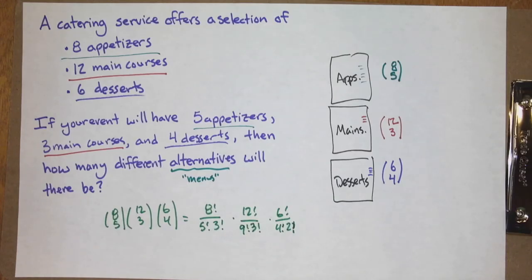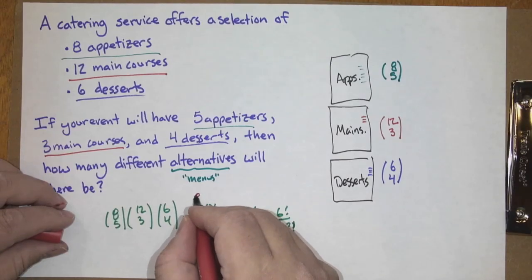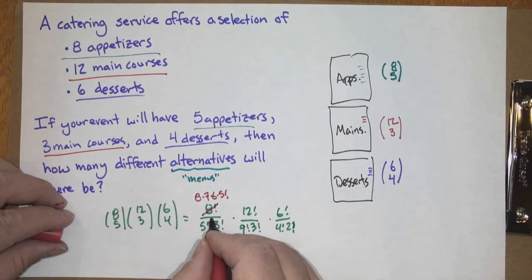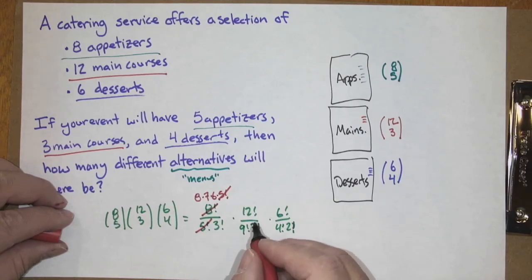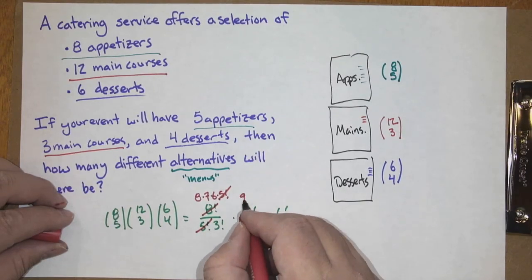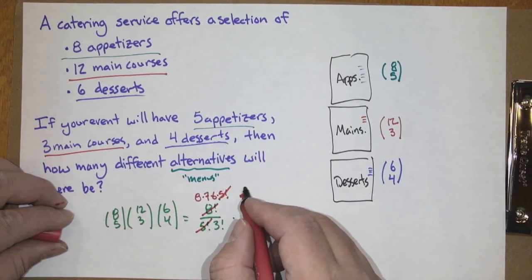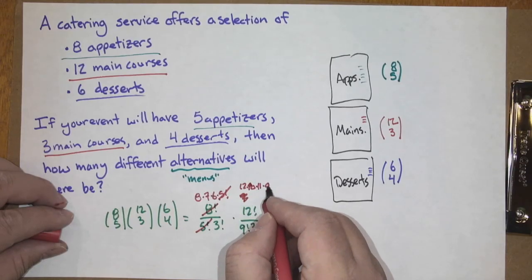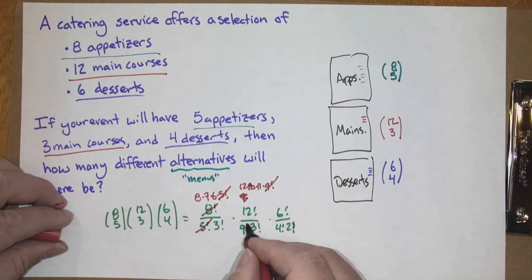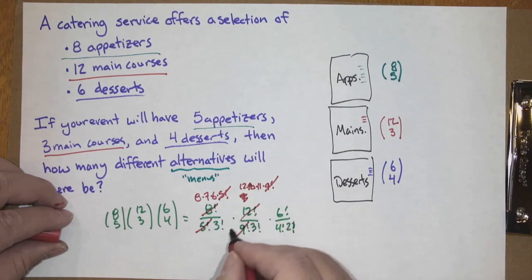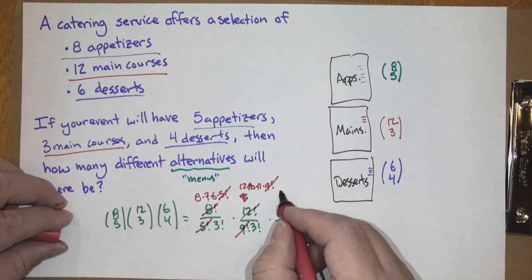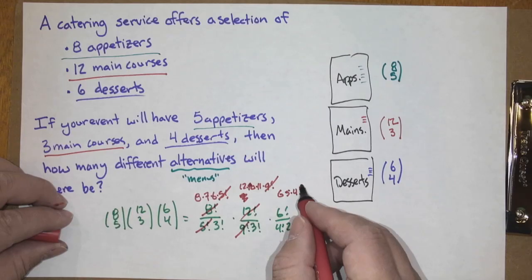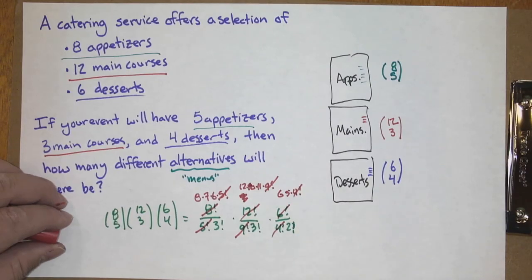So for the 8, we can write that as 8 times 7 times 6 times 5 factorial. And then we can cancel off a 5 factorial. 12 is 9, sorry, got ahead of myself. 12 times 10 times 11 times 9 factorial. We can cancel off a 9 factorial. All right. 6 factorial is 6 times 5 times 4 factorial. So we can cancel off a 4 factorial.